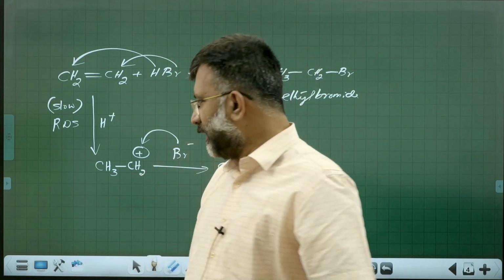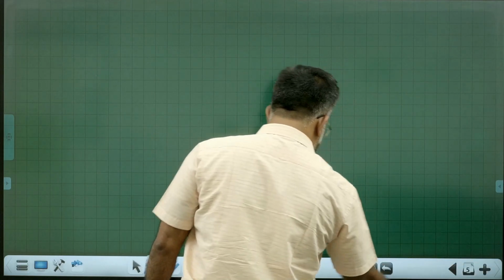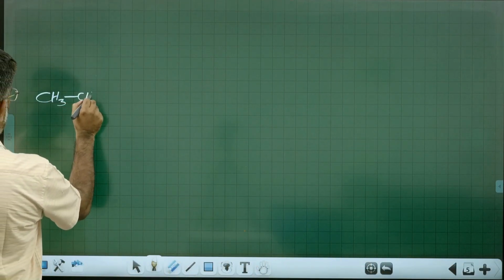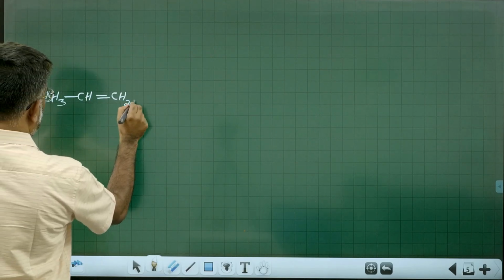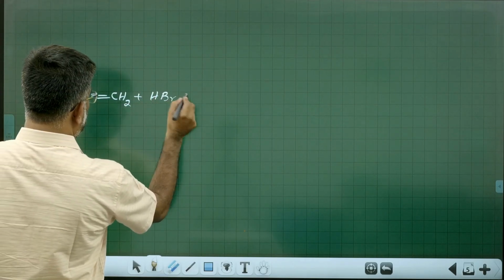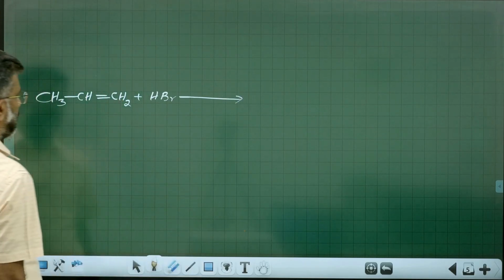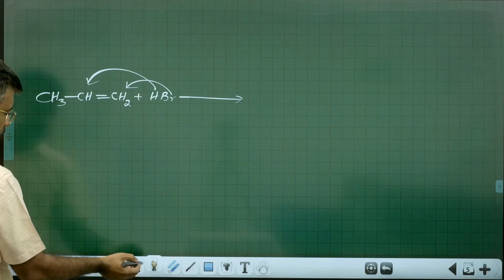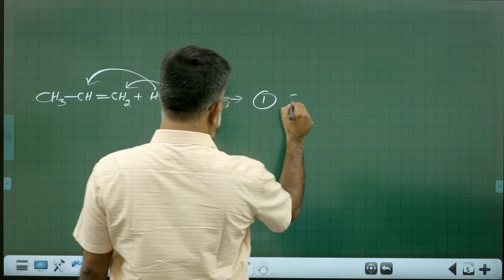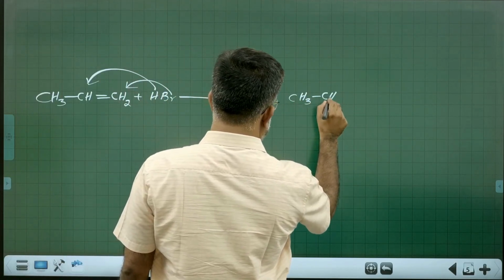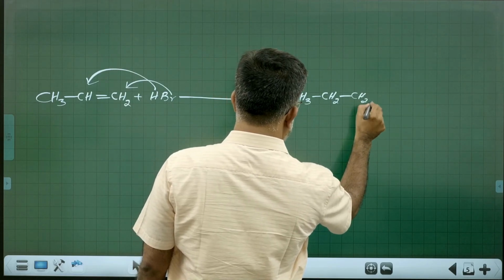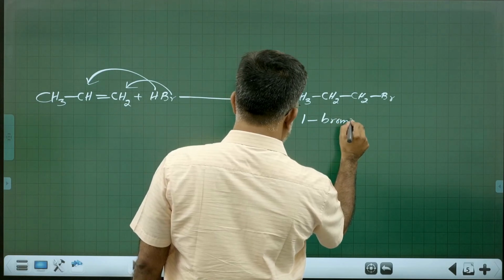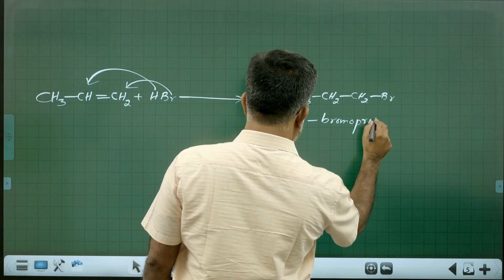For example, if you are taking propene added with HBr in darkness, you may find hydrogen comes here and bromine comes here, possibility number one, which is CH3CH2CH2Br, that is 1-bromopropane.